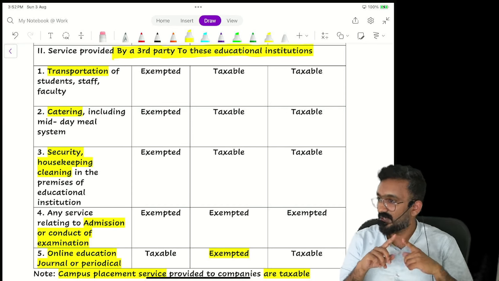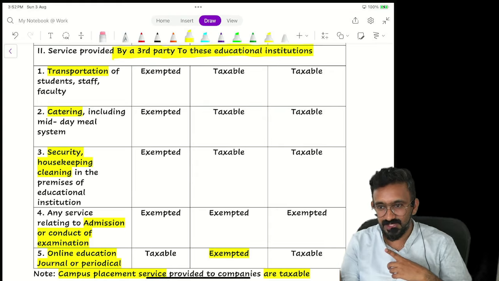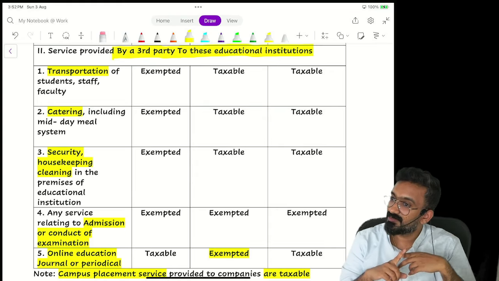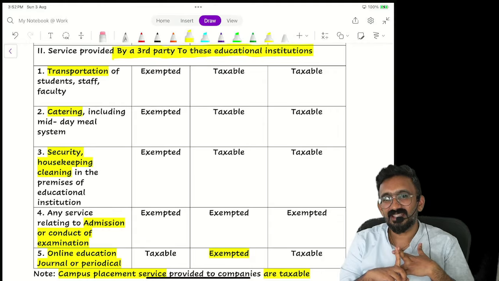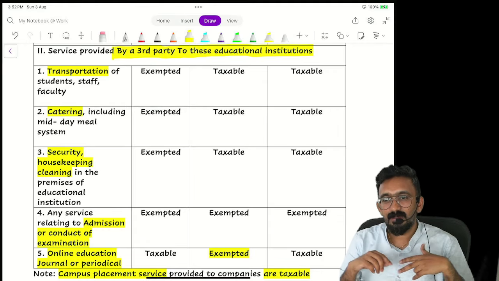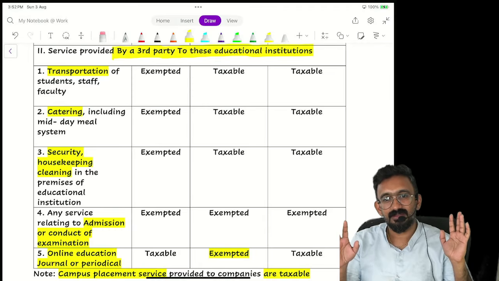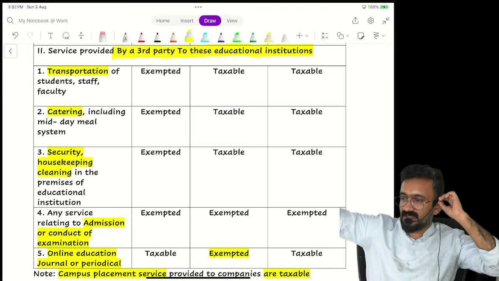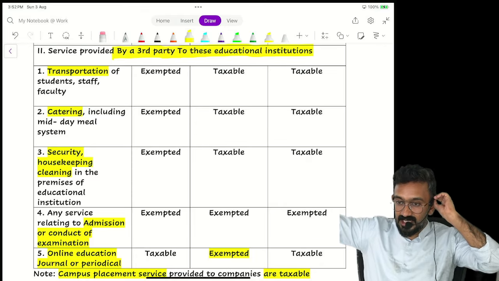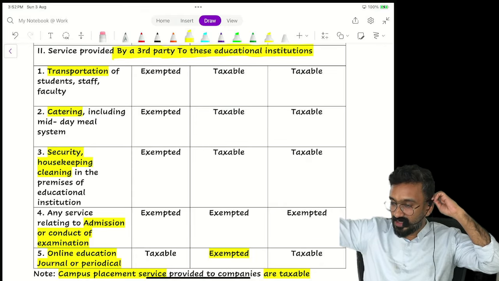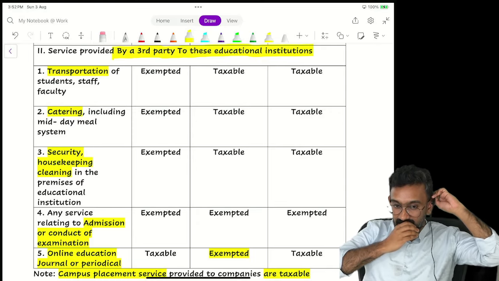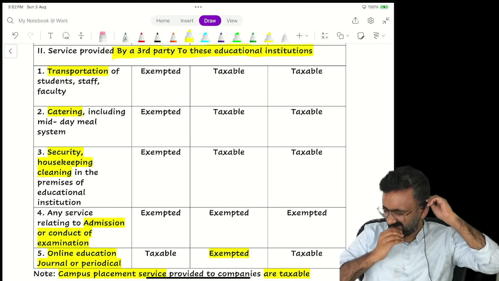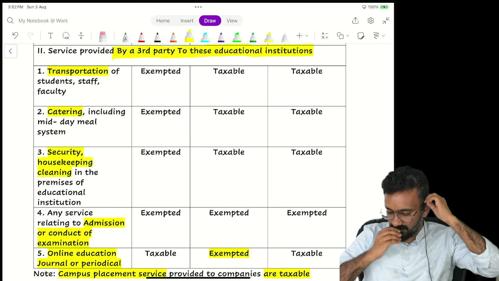Specified recipient, because it has to be any of these educational institutions. Then specified activity, no specified supplier, any third party. Supplier can be any person here, but it has to be following specified activity. There are 5 activities given, and it has to be given to a specified recipient.